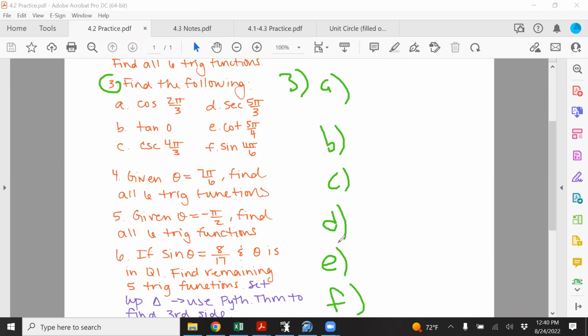What's that going to be? Cosine 2 pi over 3, that's -1/2. I think that's 0. Cosecant of 4 pi over 3, that's -2 over root 3. Secant of 5 pi over 3, what's that going to be? -2, I think.